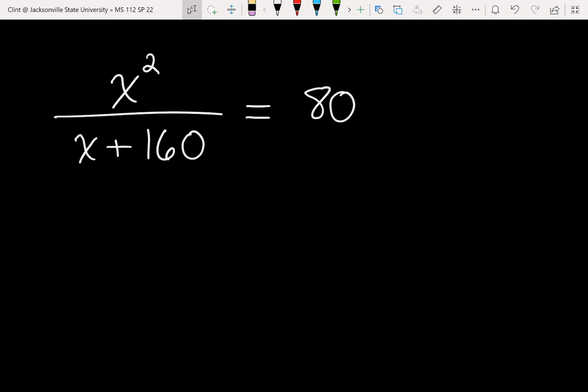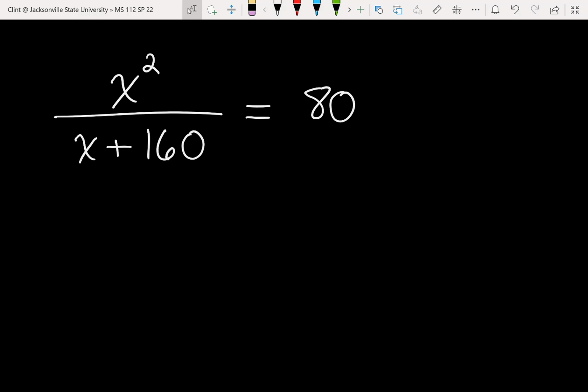Got a rational function. What's our least common denominator on this one? x plus 160. That's the only denominator we have. That's not a 1. So we're going to multiply both sides by x plus 160. Okay, this one's not bad.